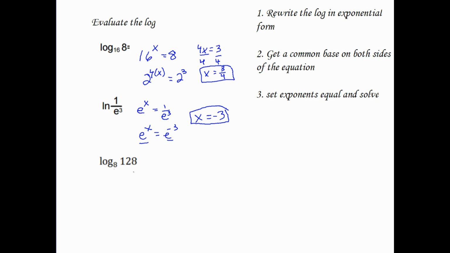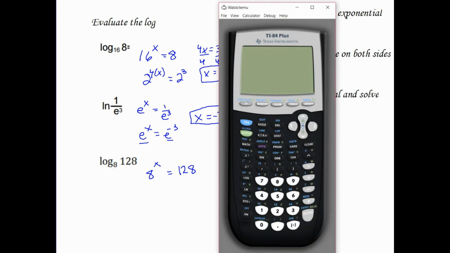In this last example, let's check it out. I'm going to have 8, no, that's an e, not an 8. Okay, so log base 8 of 128, 8 to what power is equal to 128? So what I can notice here is that 128, let's see, 2 to the, what was it, 6?